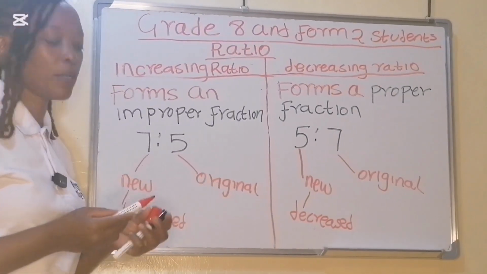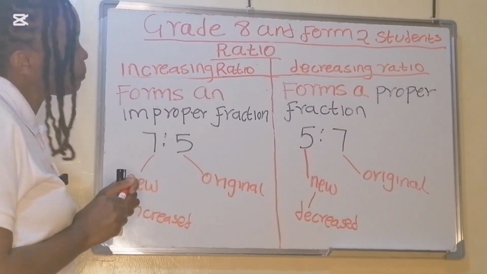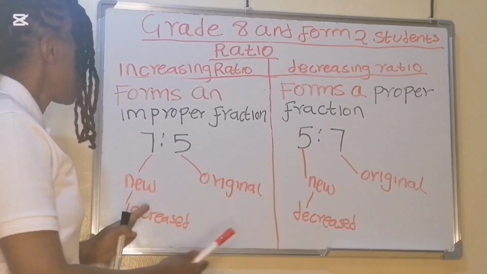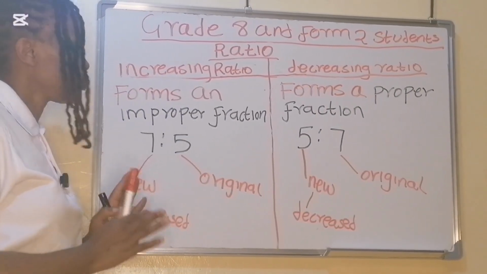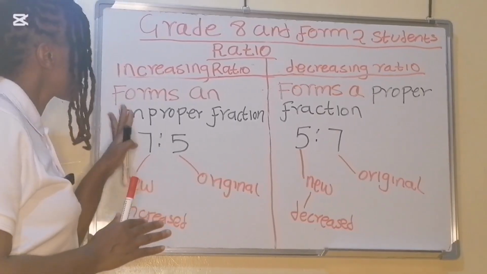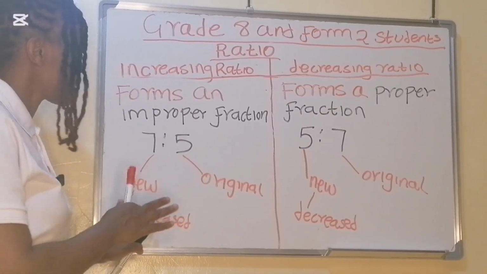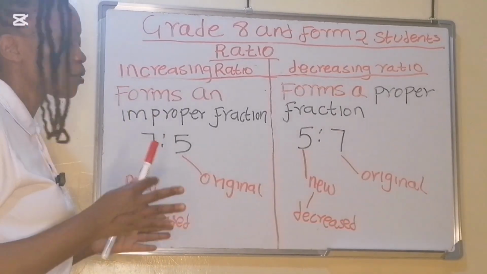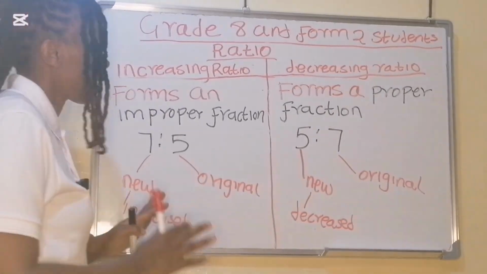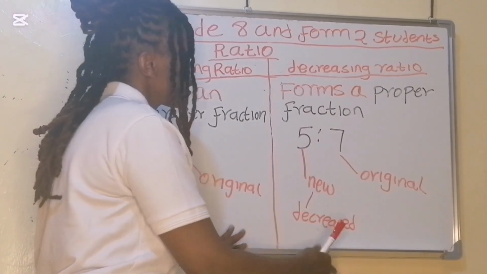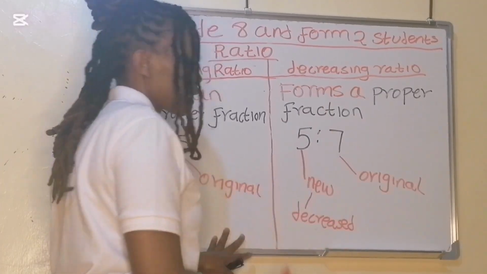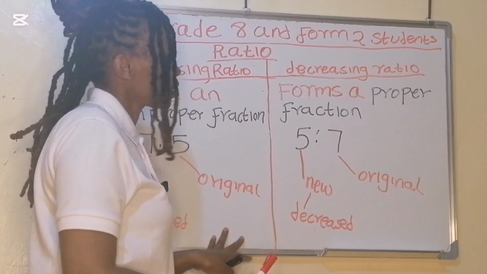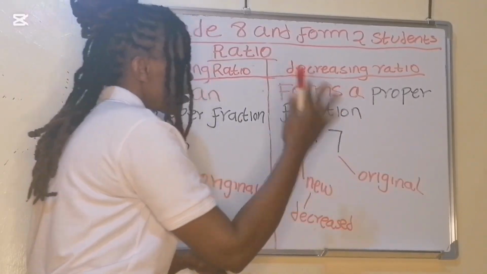So if you are given a word problem and asked to find the original price, you already know the first part is new. For increasing ratio, the first part is the increased quantity. For decreasing ratio, the first part is the decreased price or decreased quantity, according to the question. Then the second part is the original.